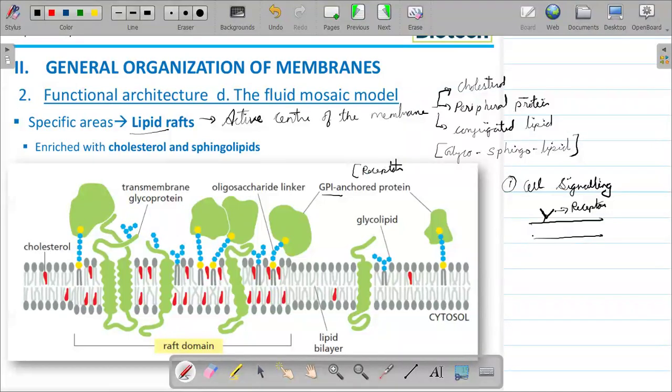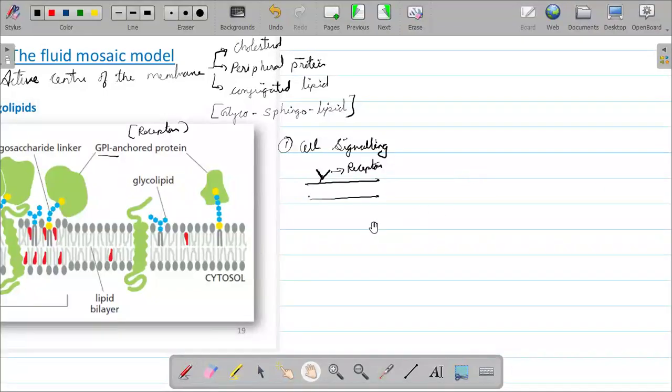What is the role of a receptor? For example, say I have a cell here, cell A, and this is my cell B. In the plasma membrane, there are modified glycoproteins or glycolipids, but we are taking a GPI anchored protein.